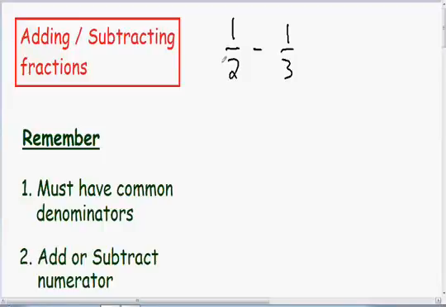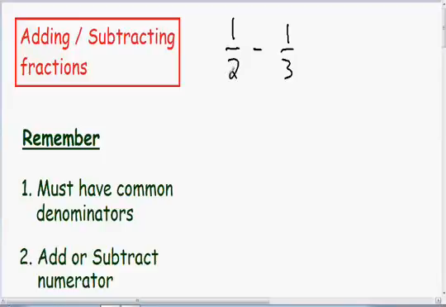Now notice there is no whole number that we can multiply by 2 to give us 3, because 1 times 2 is 2 and 2 times 2 is 4. So there's nothing that we can multiply by these denominators to give us a common denominator of 2 and 3. So whenever this happens, what I like to do is multiply by the other number.